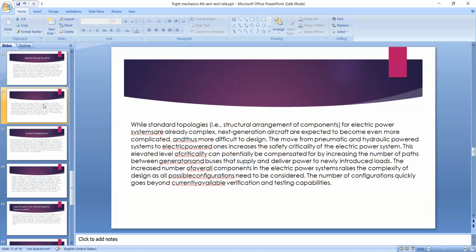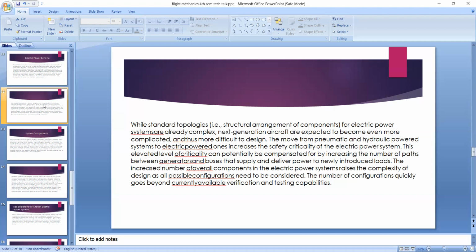This elevated level of criticality can potentially be compensated by increasing the number of paths between generators and buses that deliver power to newly introduced loads.